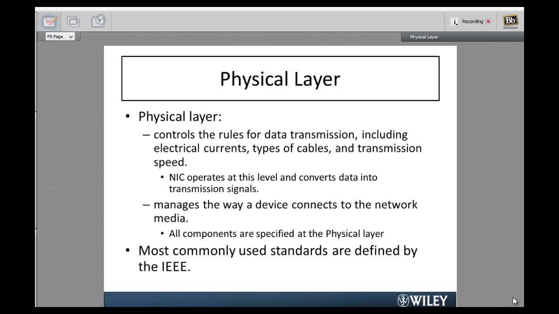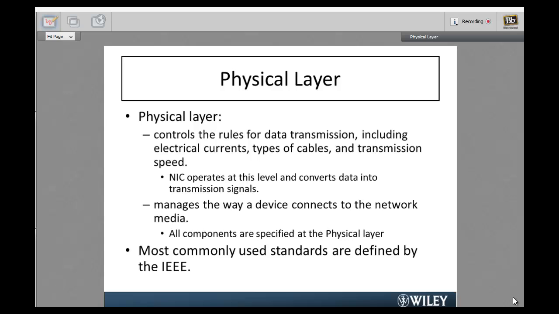It deals with wired and wireless communication, including radio waves, including optical transmission, electrical based. So it knows all of these cables and transmission types, and it can make them work together.